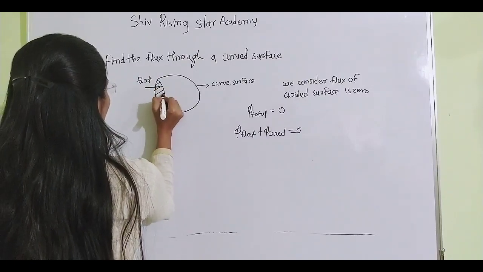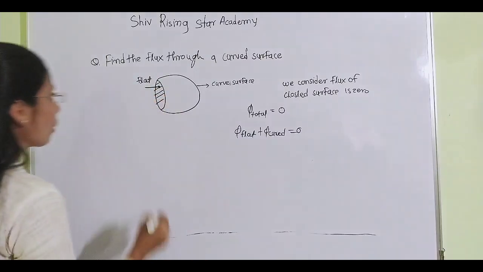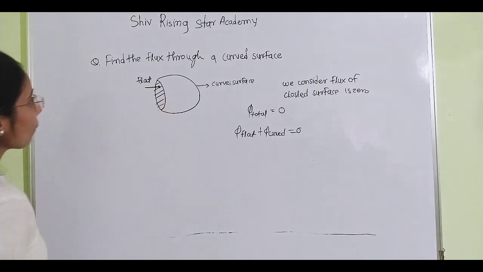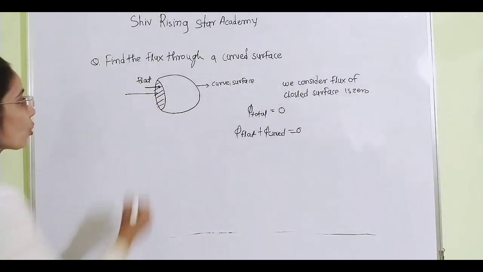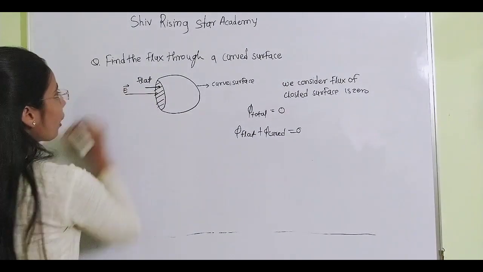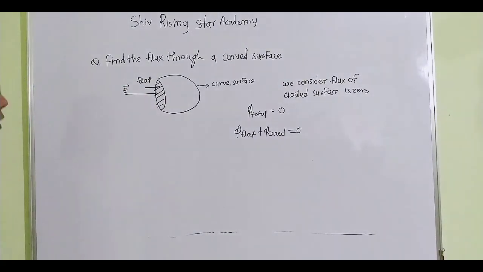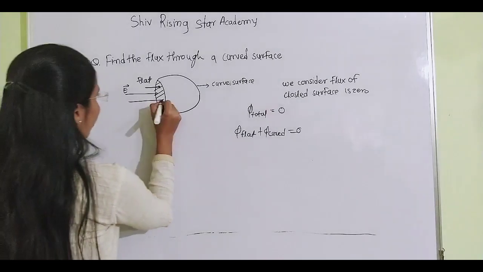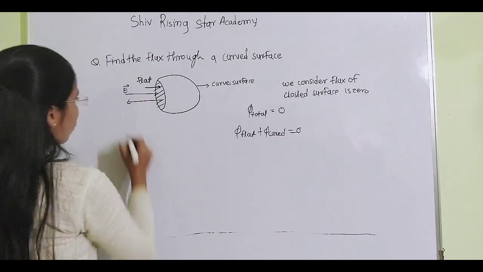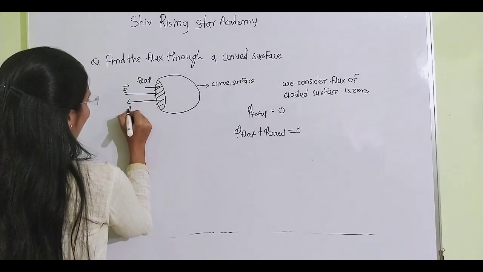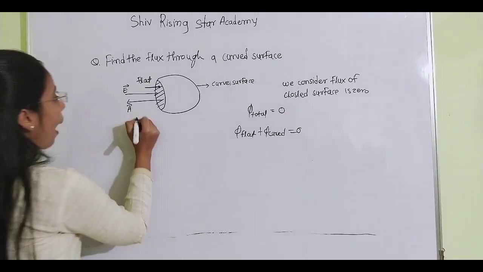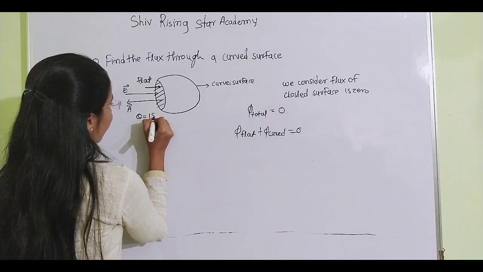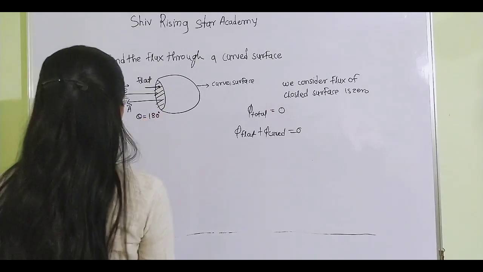On the flat surface, the direction of the electric field is in this direction, so this is E bar, and the area vector is normal to the surface, so this is A bar. Both are in opposite directions, so the angle theta between them is 180 degrees.